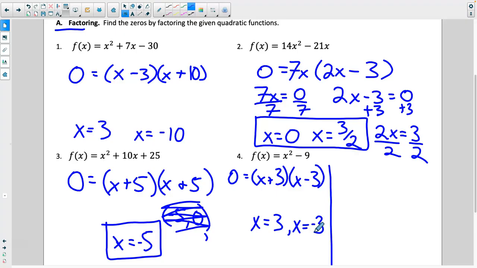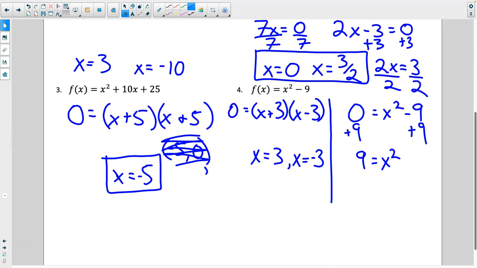The other option would be this. I can add 9 to the other side here. How do I get rid of a square? Square root. What happens when you take the square root of 9? What do you get?